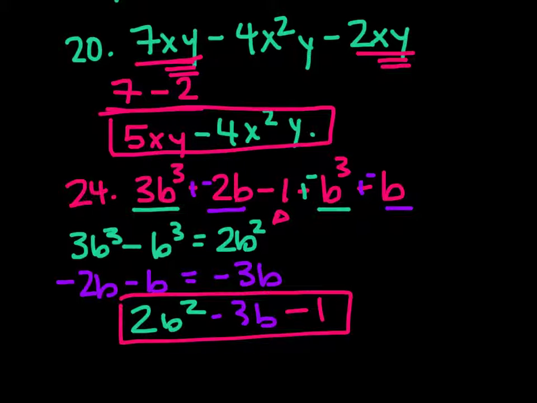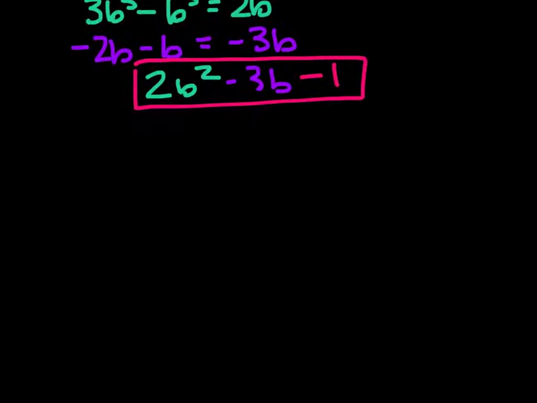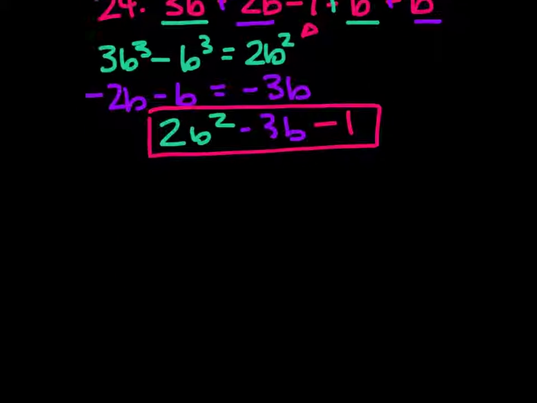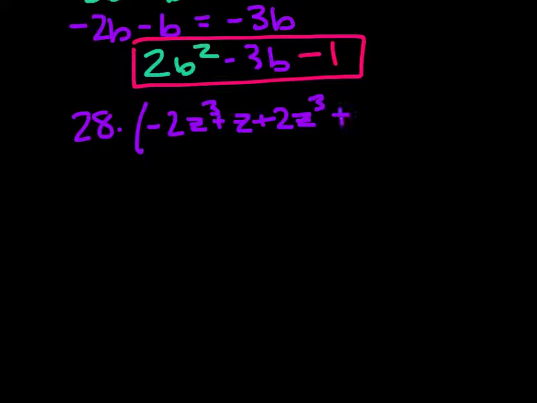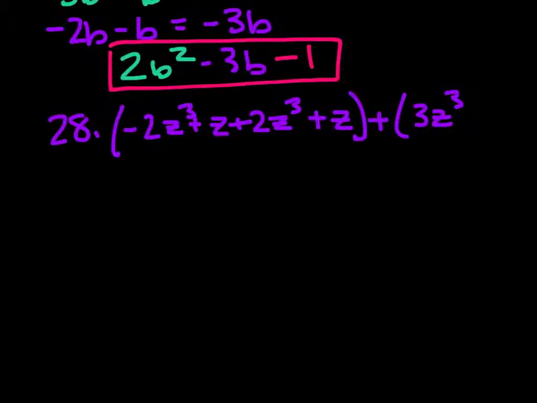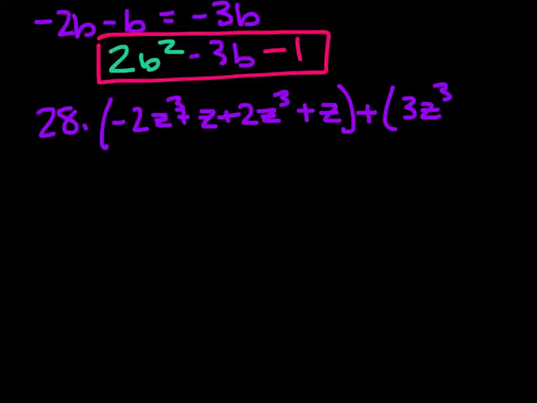Our next problem I'm going to do in purple, and it is number 28. It is parentheses negative 2z cubed plus z plus 2z cubed plus z, lots of z's, plus 3z cubed, and it looks like I'm going to run out of space, so I'm going to move this, minus 5z squared.